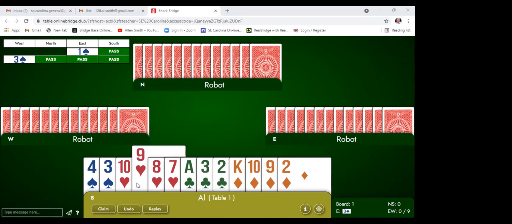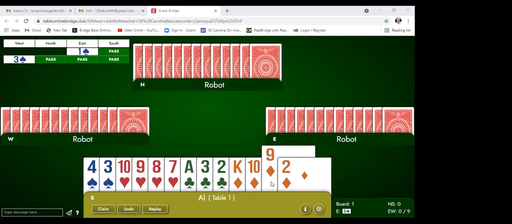If we evaluate this in terms of how much our partner needs to have, if they've got the queen of diamonds, that would be good, because if the jack is in the east hand, we could trap that. So if our partner's got one diamond honor, we're in pretty good shape. For hearts to be the right lead, our partner really needs to have at least two honors. So I have to give the edge to leading the diamonds, because that's more powerful.